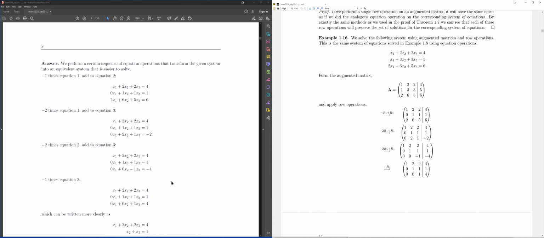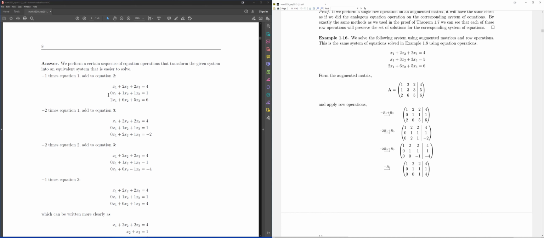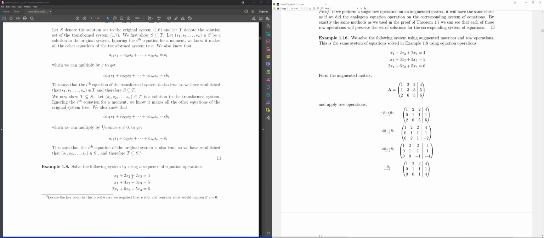Now, what you want to notice is that I kept the 0 over here, and the position of the x1, x2, and x3 isn't changing. You have x1, x2, x3 over here, and x1, x2, x3 over here. So those are like the little placeholders or little boxes. The main thing is that you want to keep track of your coefficients.